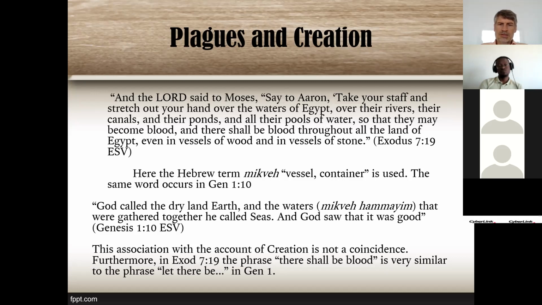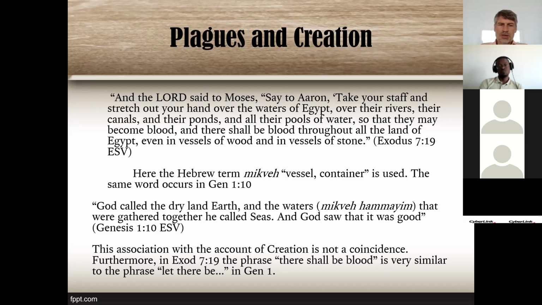The term vessels, or container, is the Hebrew term mikveh. The same word is used in Genesis 1:10: God called the dry land earth, and the waters gathered together, in the original mikveh hamayim, he called seas.